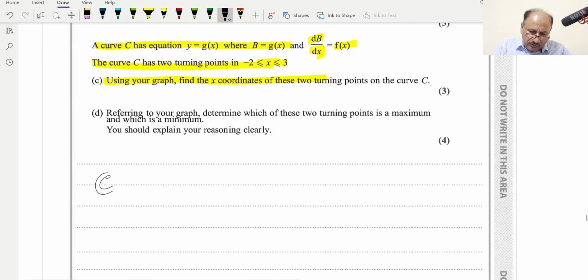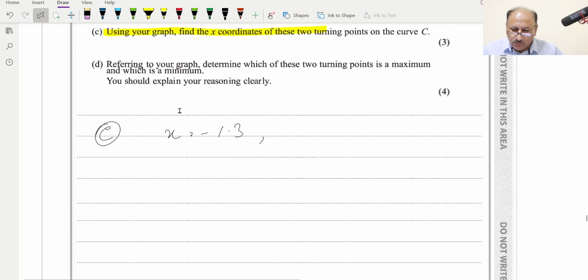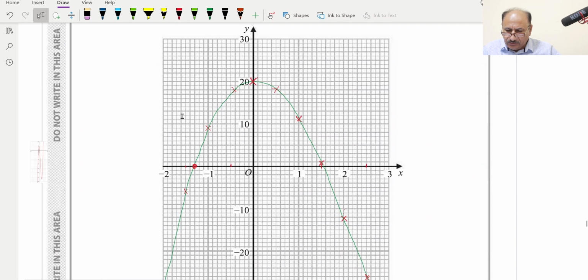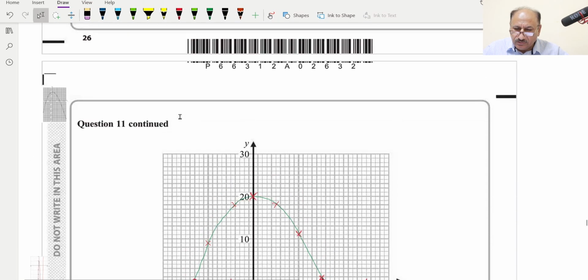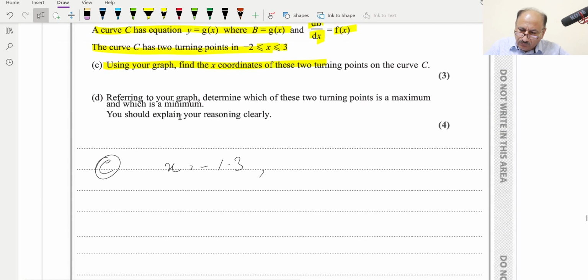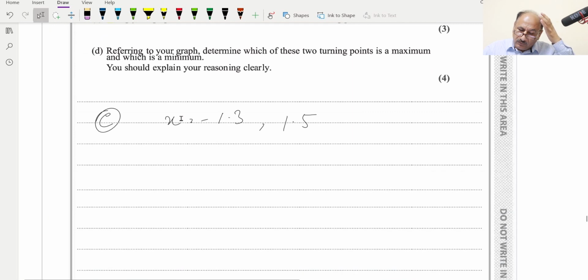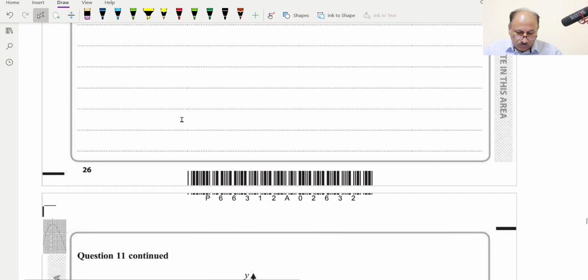So the C part answer we can write: x is equal to minus 1.3, and the second value we can also check from here. That is almost 1.5. So this will be 1.5 over here. These are the two solutions. So we provide 1.5 for this one.